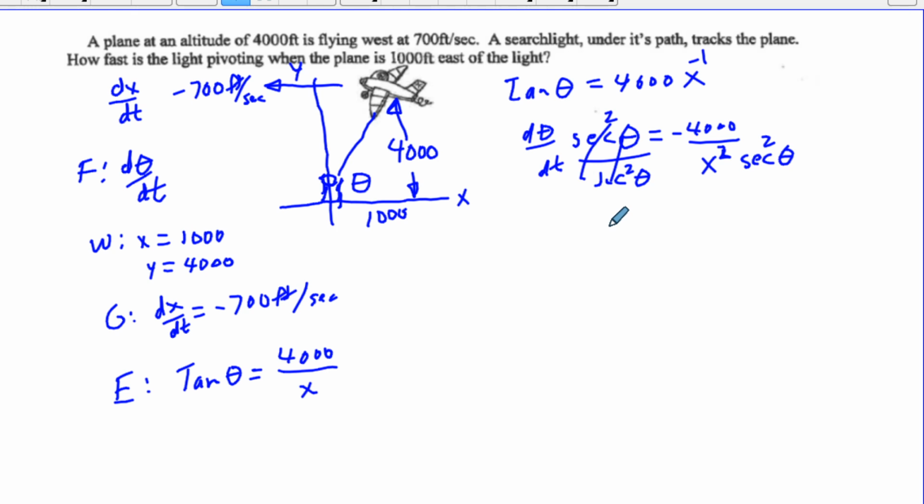So d theta dt is equal to negative 4,000 over x squared, and x is going to be 1,000 squared, right?